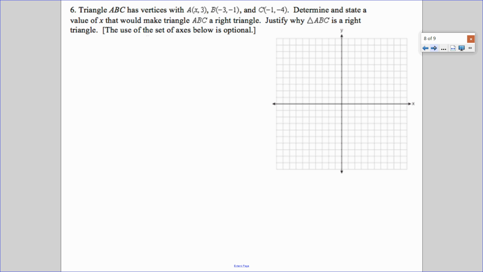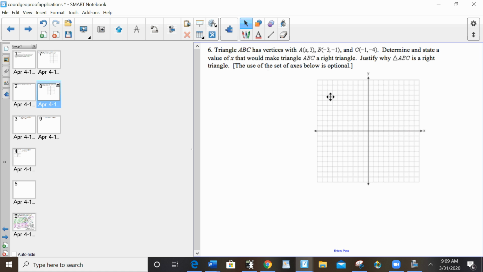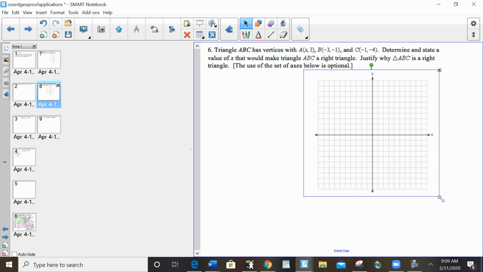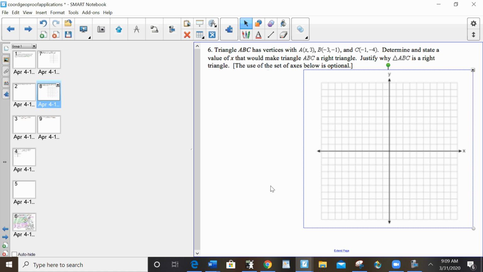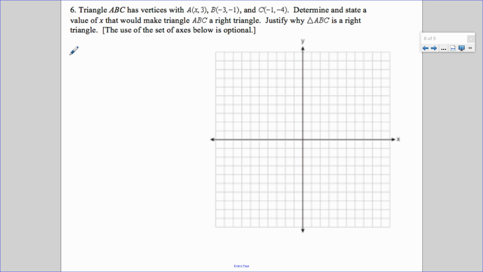And now we're going to take a look at number 6. Let me see if I can make this graph a little bigger. I know this isn't ideal how we're doing everything here. I know it's a little sloppy, but based on the circumstances, we're working with what we have here. So it says triangle ABC has vertices A, x, comma 3.